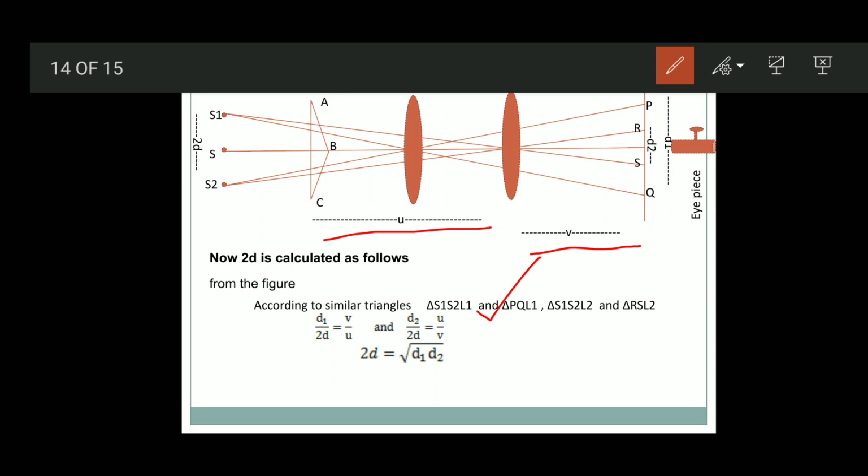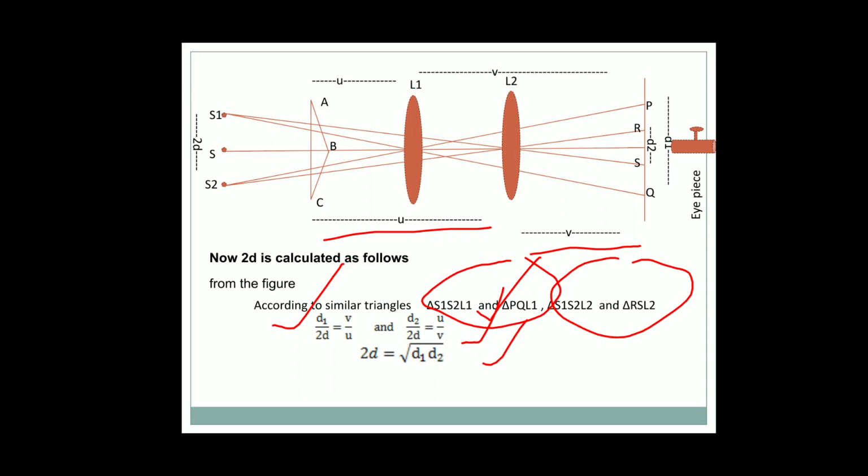From these two equations, 2d is equal to the square root of d1 d2.